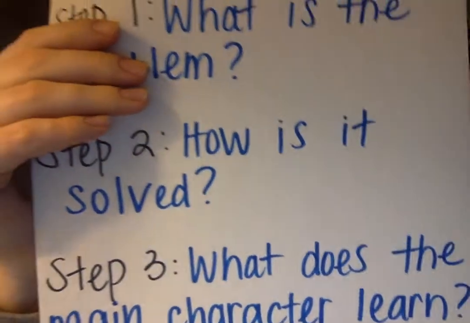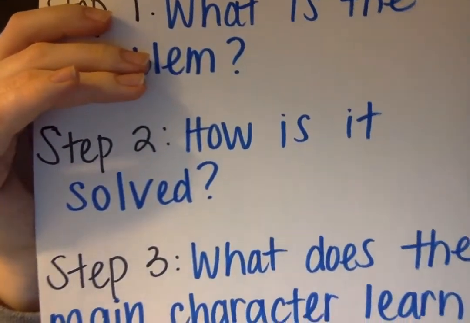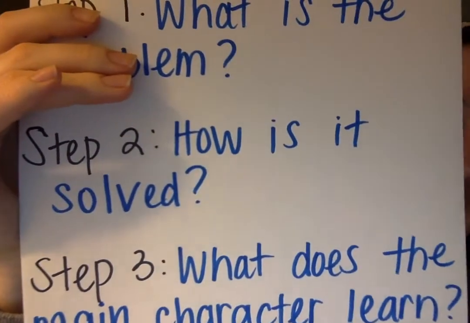Going into step 2, how is the problem solved? Friends, we know in this text the problem is solved. The beggar does something really tricky, and he tries to convince all the townsfolk that he can make this magical bone button borscht.